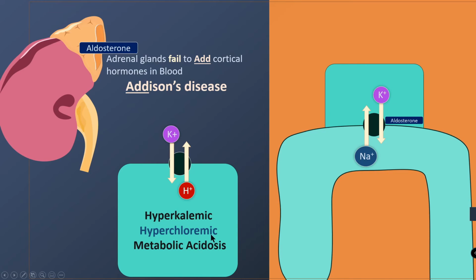Increase in proton will lead to metabolic acidosis due to decrease in bicarbonate, and then there will be hyperchloremia in order to maintain electrical neutrality. So in Addison disease, there will again be normal anion gap metabolic acidosis, right?